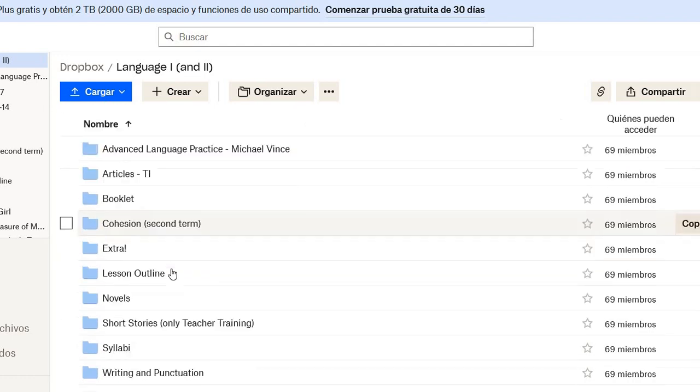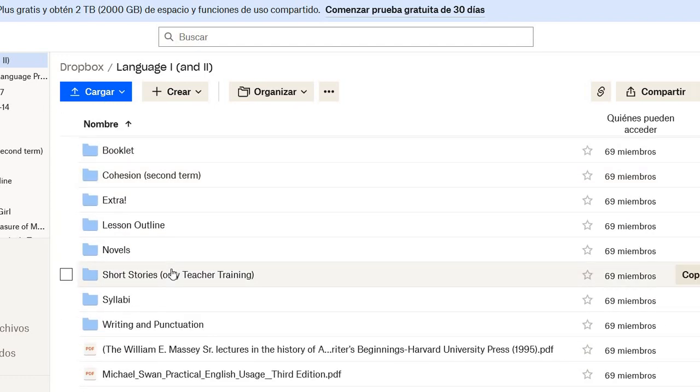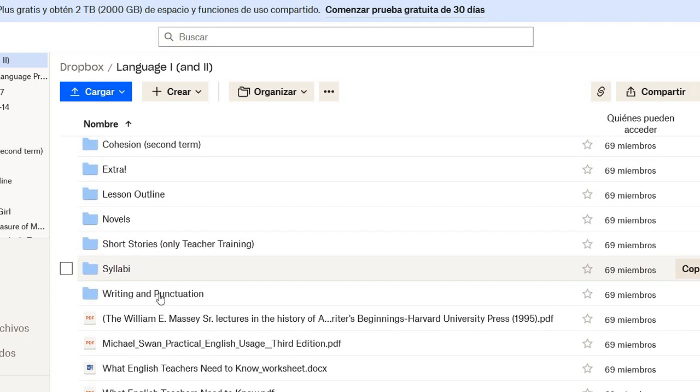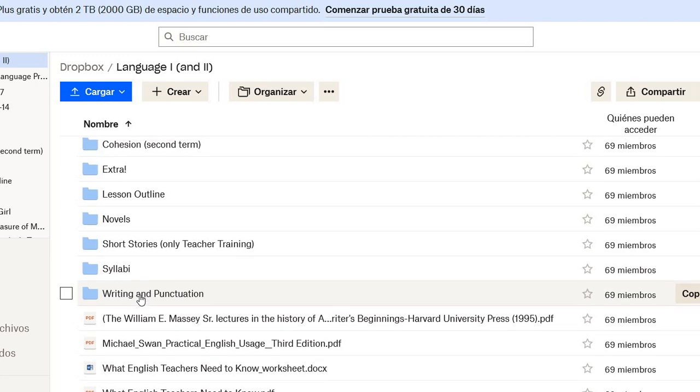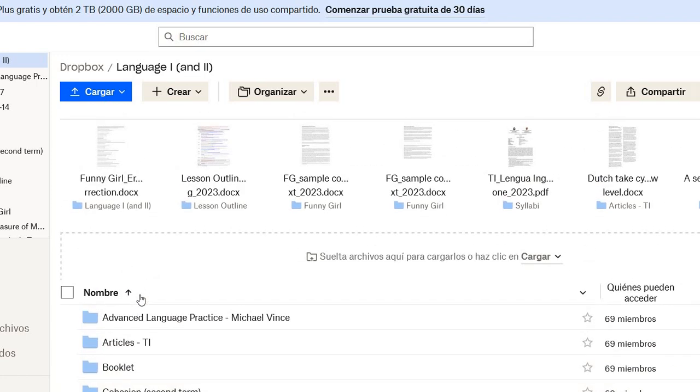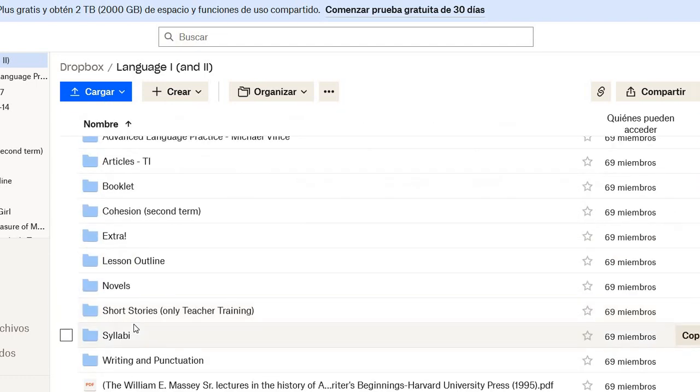And let's see, I think we may have finally hit the end. Yes, writing and punctuation. The syllabi, you know, it's already there, and writing and punctuation is actually the notes that you have already used. So basically what I wanted to tell you about this second part of the year is that we will be working a lot, as you can see, right?